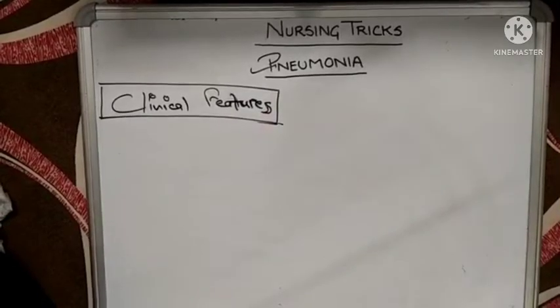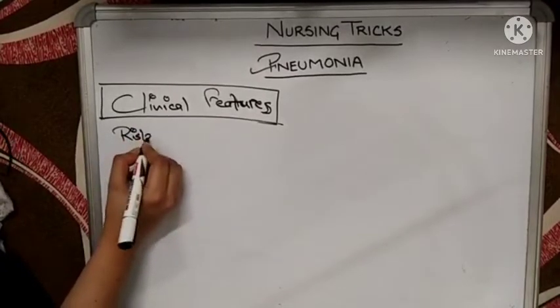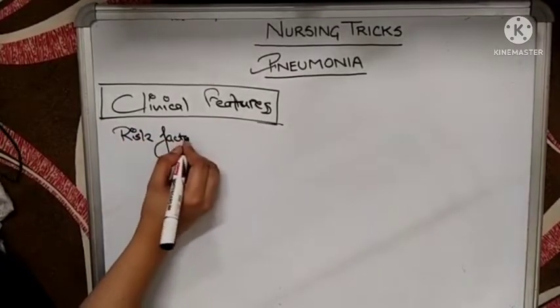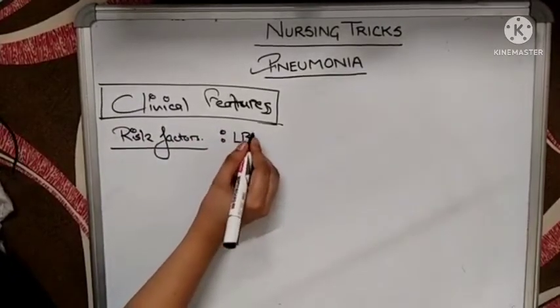Before starting off with the clinical features, there are some risk factors which can precipitate pneumonia. So what are those risk factors? The risk factors are as follows. First one is low birth weight.